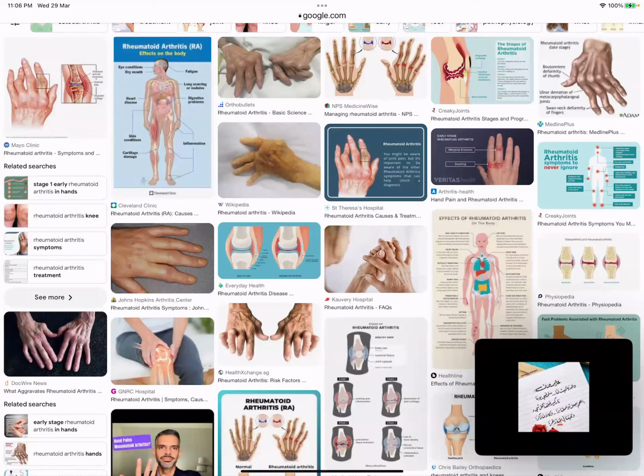For skilled movement, you will ask the patient to pick a coin or a key from the pillow, or to button or unbutton the buttons of the shirt, or to write on a piece of paper, if you have a paper and a pen.